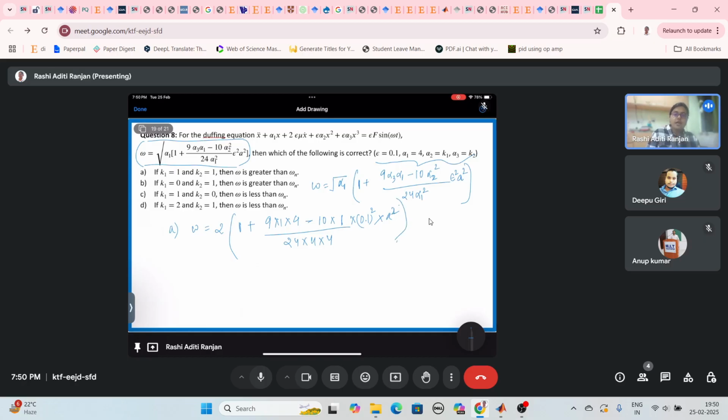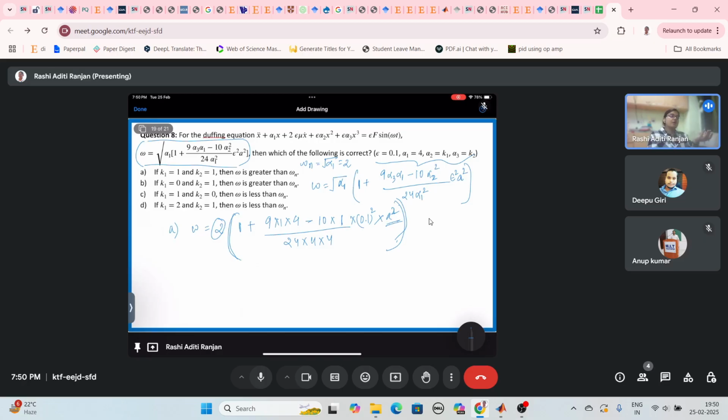So what is important to see is that we don't know the value of A, but we have to tell about the relation of omega and omega n. We know omega n is nothing but the under root of alpha 1, which is 2. So we have a multiplication over here. If the multiplication is greater than 1, definitely omega is going to be greater than omega n, and if it is less than 1, then omega is going to be less than omega n.